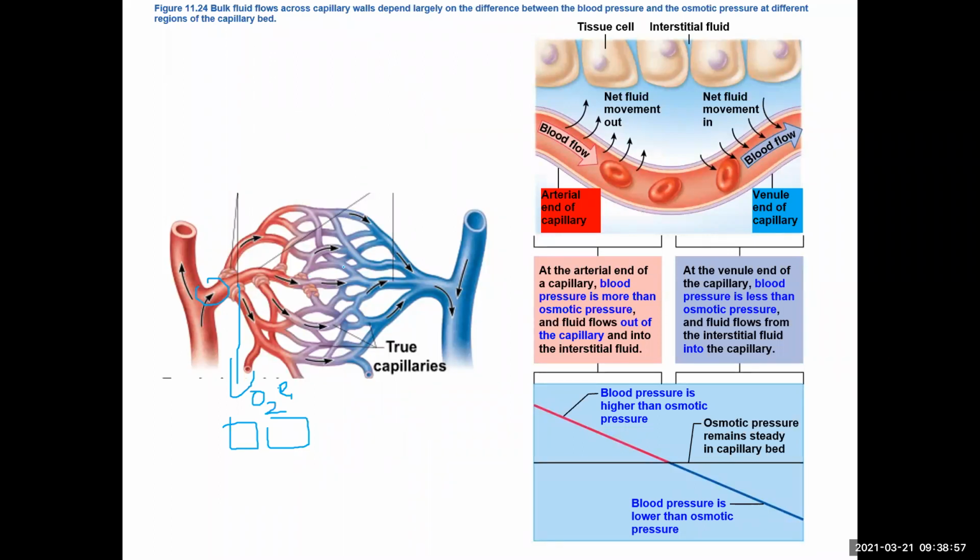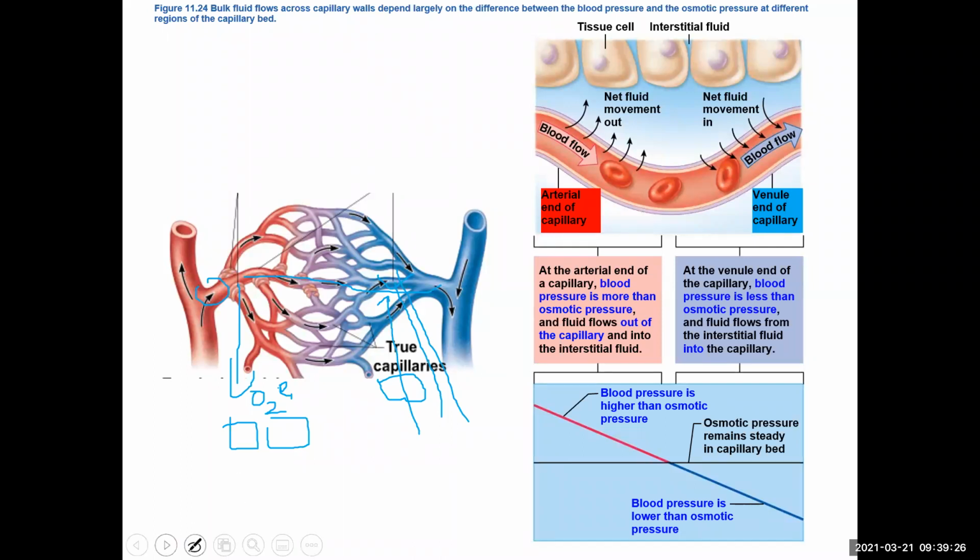And then we spoke about the osmotic pressure, which stays the same throughout. Because of the osmotic difference between the blood capillaries and the interstitial spaces, the fluid is reclaimed back at the end of the capillaries, right? But then we learned that not all the fluid moves into the blood capillaries.